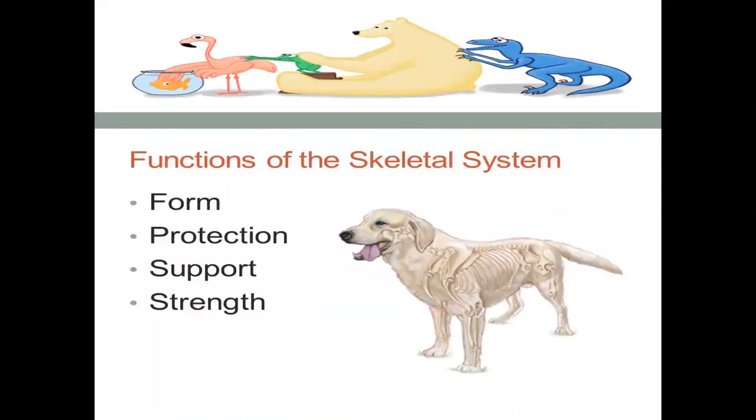Okay, what are the benefits of a skeleton, or what are the functions of the skeletal system? The main function of the skeletal system is that it gives the proper form or shape to the body, it protects the body, it gives support to the body, and it gives strength to the body.